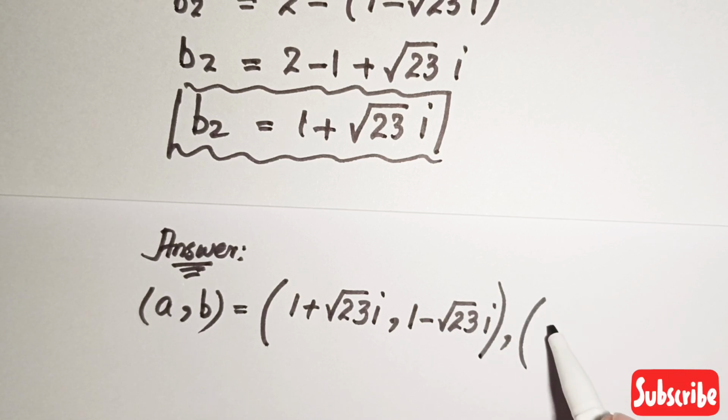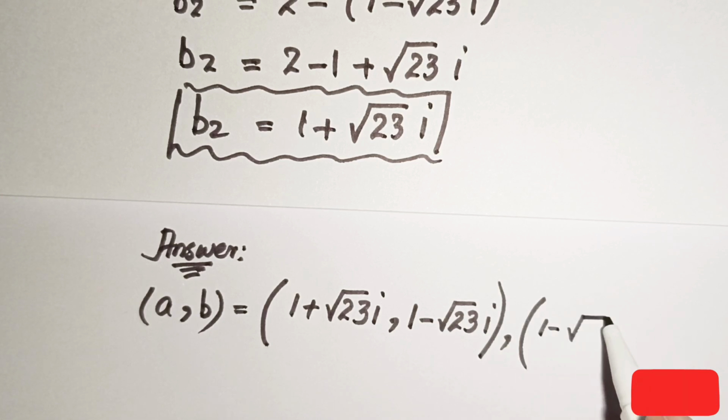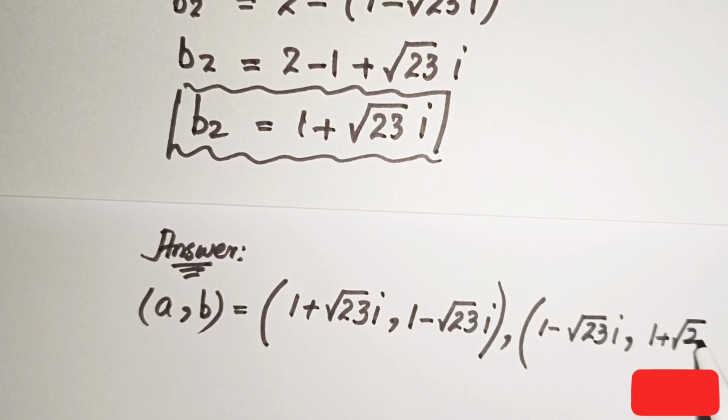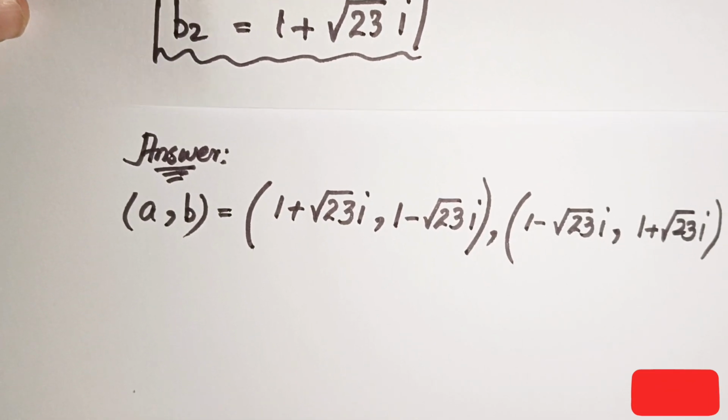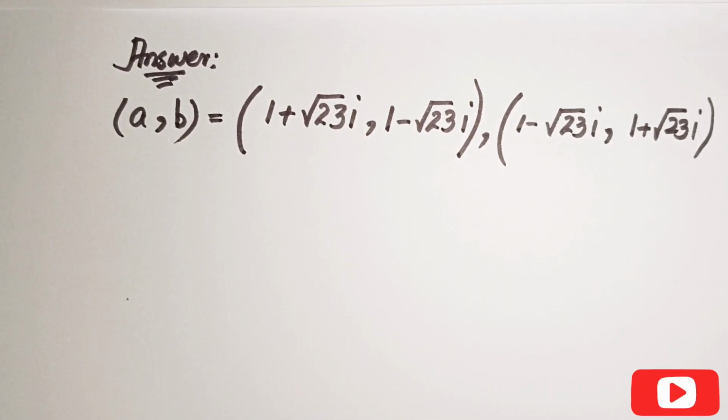Similarly, we have a2 is 1 minus square root of 23i and b2 is 1 plus square root of 23i. So these are two pairs of values for a and b.